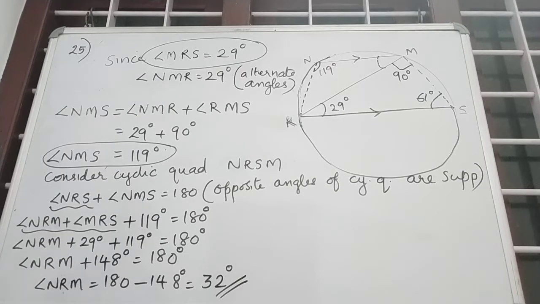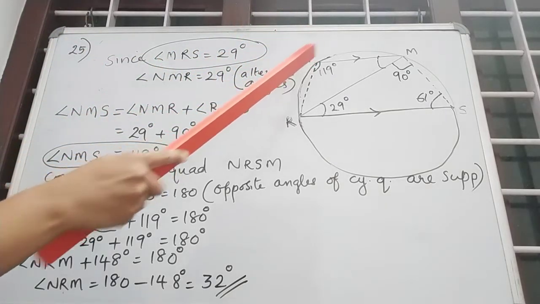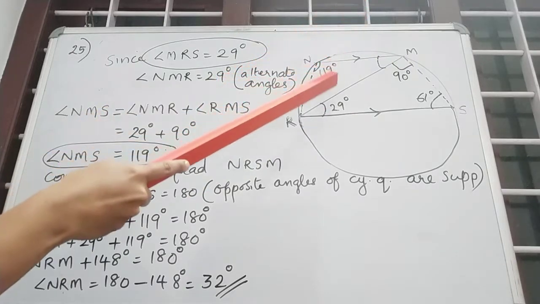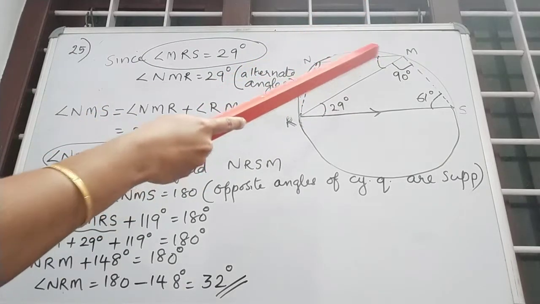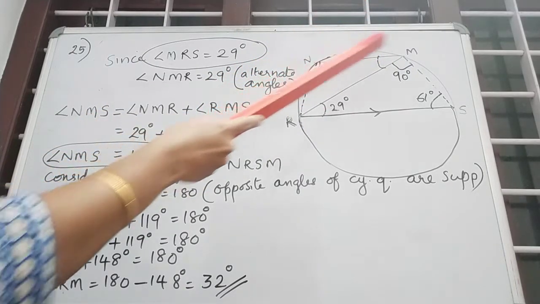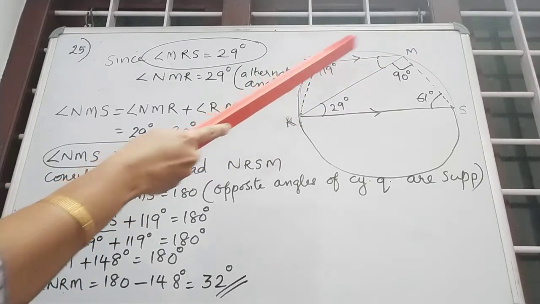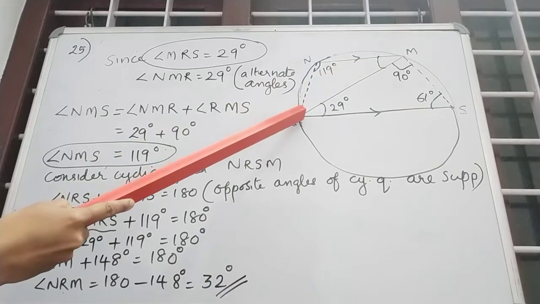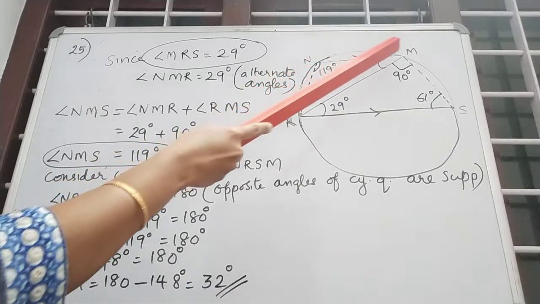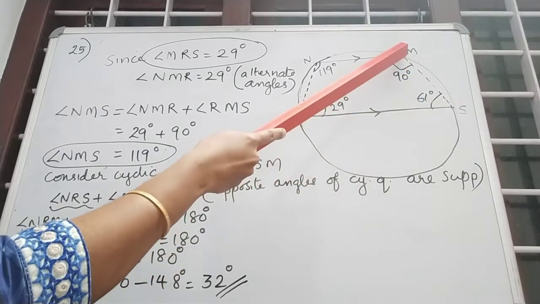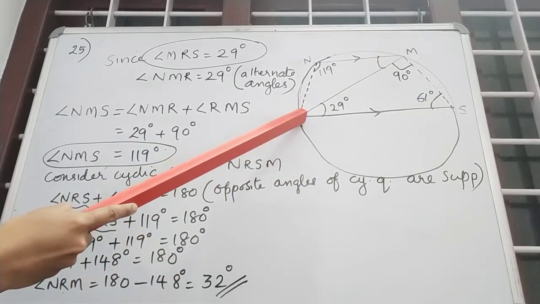Next we want to find out NRM. For that, first we want NMR. So what about this NMR? Given NM is parallel to RS and RM is a transversal.